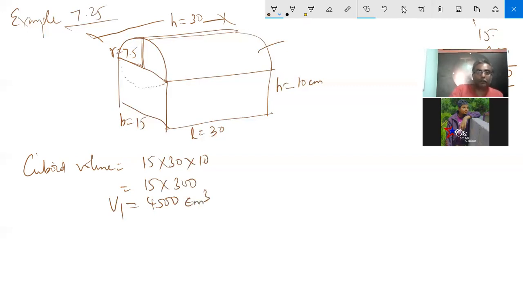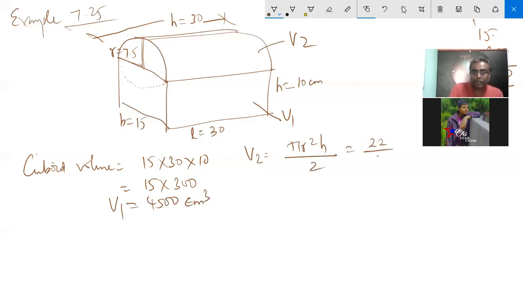Now you have to find volume 2, the volume of the cylinder. First you find the full cylinder. What is the volume? Pi r squared h. Now we want only half of that, therefore divided by 2. That is equal to 22 by 7 into half into r squared, r is 7.5. That means 75 by 10 into 75 by 10 into h, h is 30.